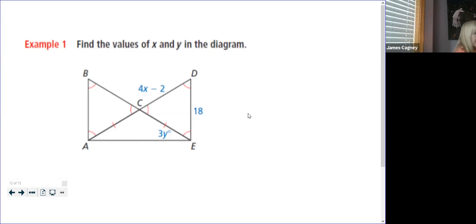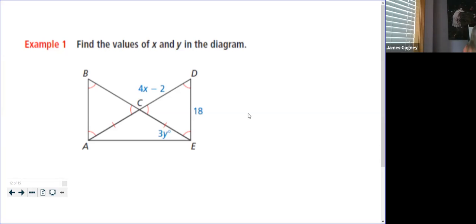Let's see, A, B, C, D and E, so make sure you're writing this down. And then I know this is 18. I know that this is 4x minus 2. And then I know that this is 3y degrees. Notice it says 3y degrees, so I know that they're measuring the angles.